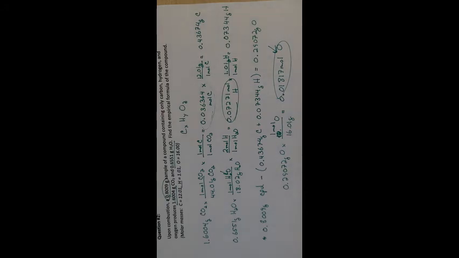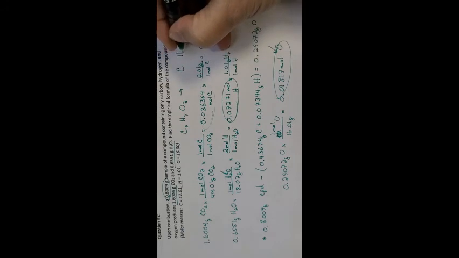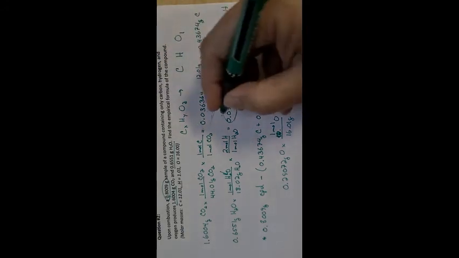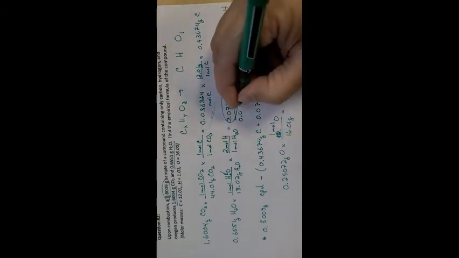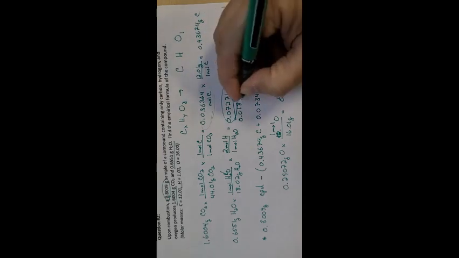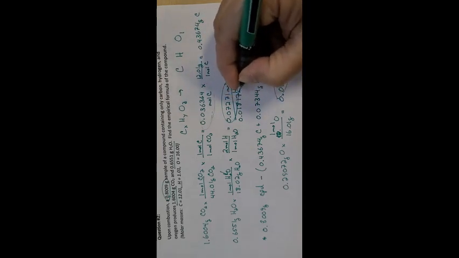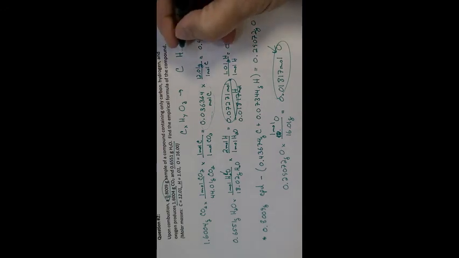So we're going to go back and we're going to divide all of those by the lowest number, which is the 0.01817. So that is actually going to give us our mole ratio. So for oxygen, we know it's going to be 1. For hydrogen, if we divide that by 0.01817 moles, we end up getting, I believe, 4.